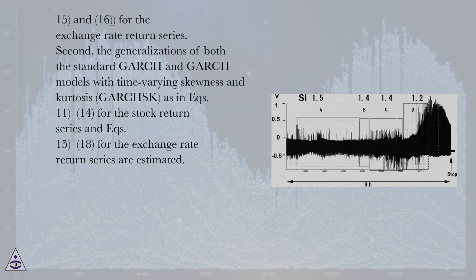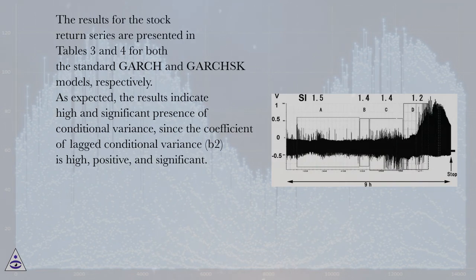Second, the generalizations of both standard GARCH models with time-varying skewness and kurtosis, as in equations 11 to 14 for the stock return series and equations 15 to 18 for the exchange rate return series, are estimated.